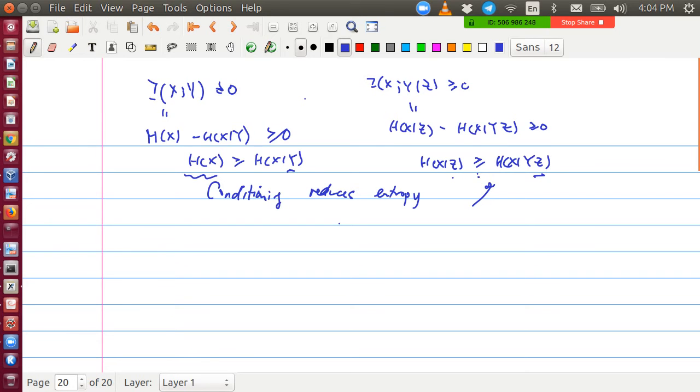And this will hold no matter whether you are considering discrete or continuous random variables. If we know something, that will decrease the entropy. You already know something, now you ask a question.